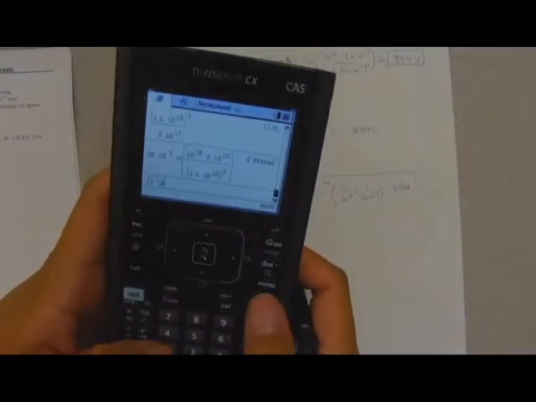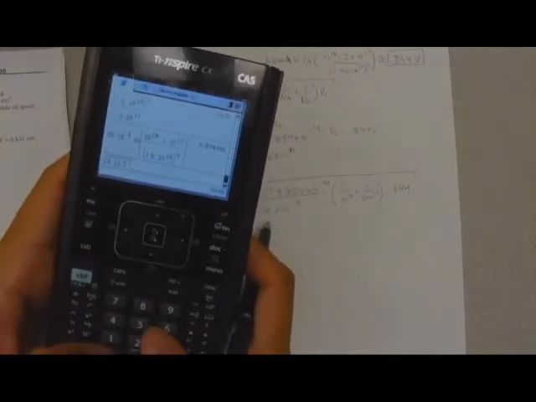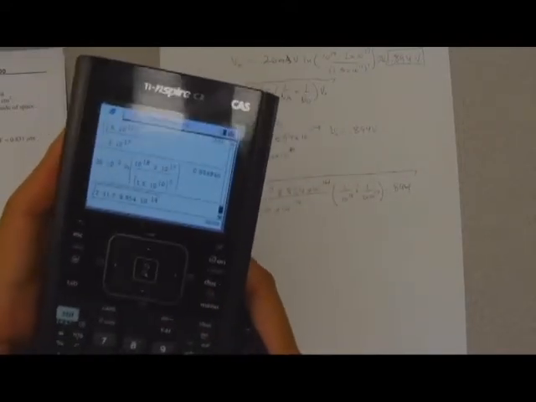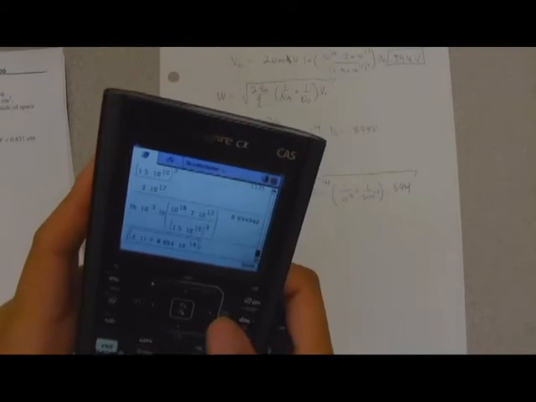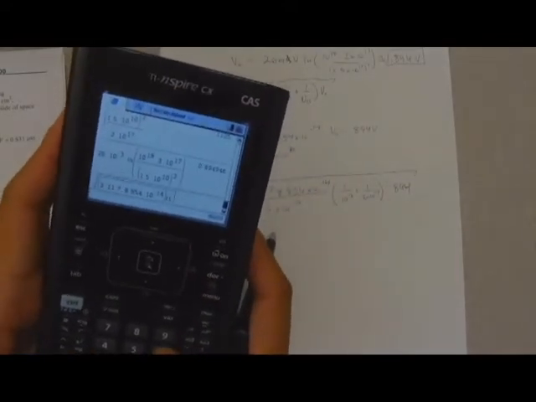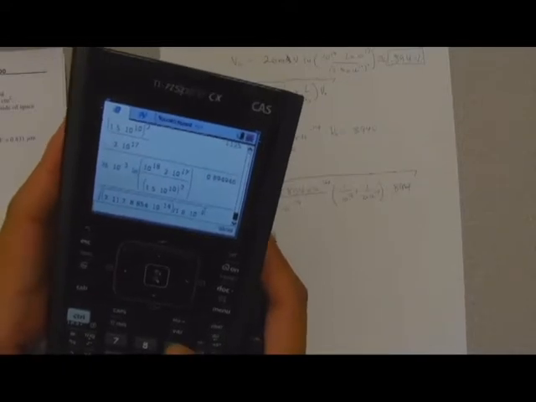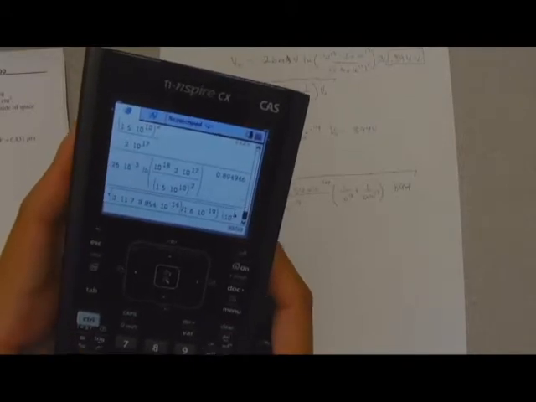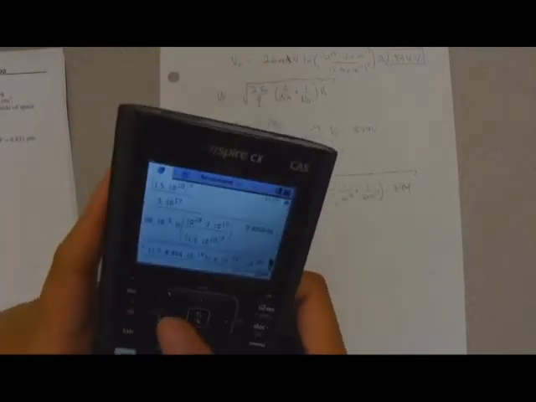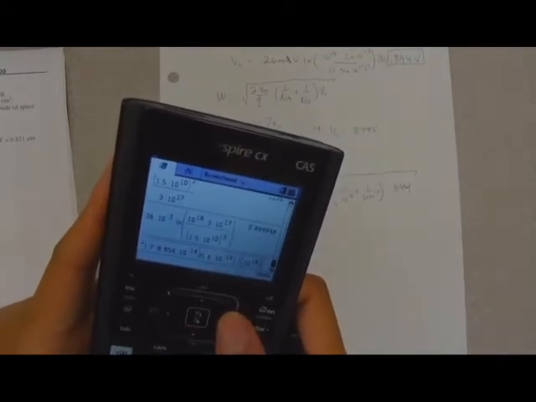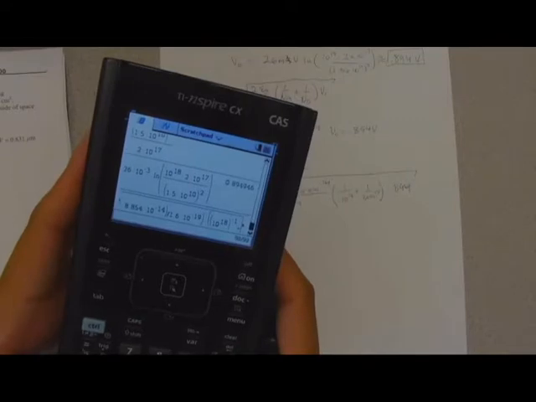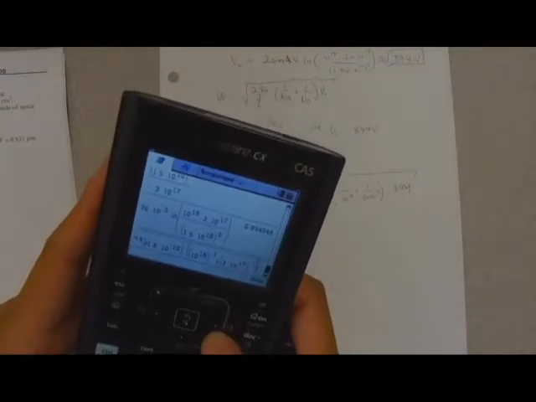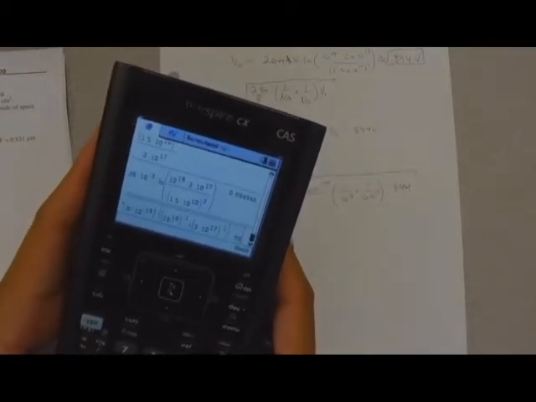Two times 11.7 times 8.854 times 10 to the negative 14th over 1.6 times 10 to the negative 19th, and then that is times 10 to the 18th to the negative 1 to make it a reciprocal, plus 2 times 10 to the 17th to the negative 1, and outside that times 0.894.